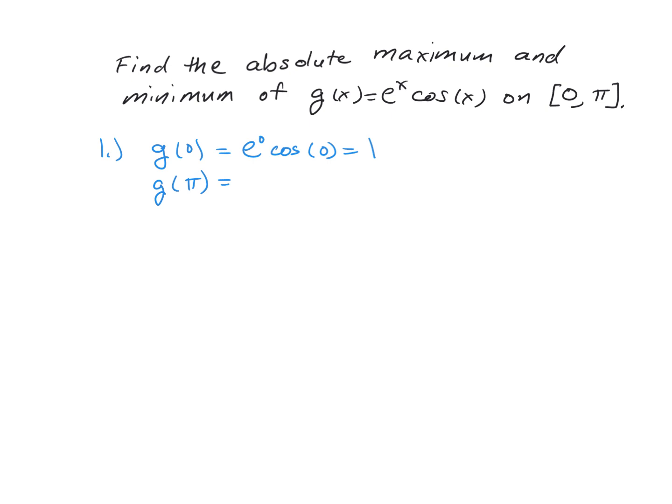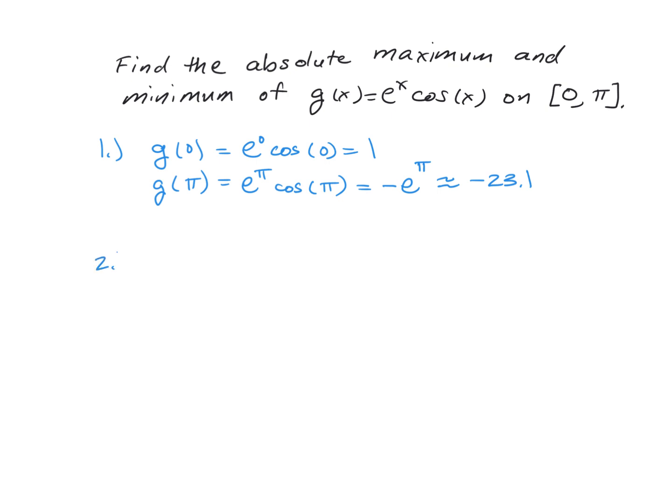And then g of pi, well, that's e to the pi times the cosine of pi. Well, e to the pi is exactly e to the pi, and the cosine of pi is negative 1. So the exact value is negative e to the pi, and a calculator will tell us that's approximately negative 23.1. And one decimal place should be enough for us to get an idea of what that value is.